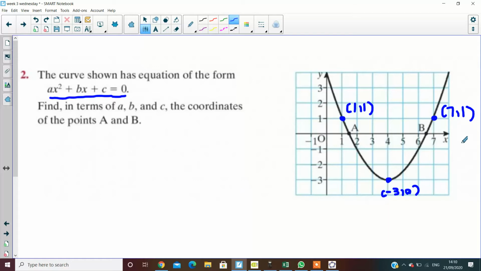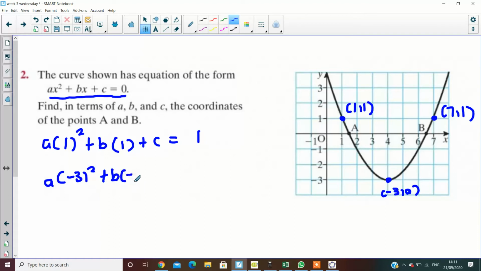Anybody have any ideas? How am I going to find out what this formula is? All I have to do is, when I replace x with 1, what's the y value going to be? 1. Okay. When I replace x with minus 3, what's the y value going to be? Oh, sorry, 4, not minus 3, my bad.